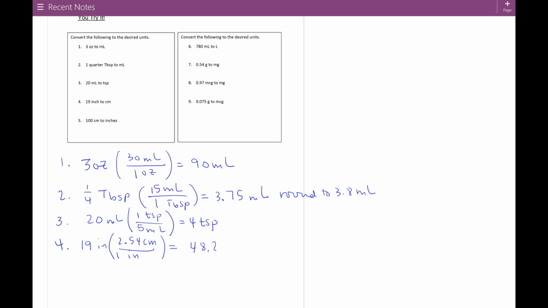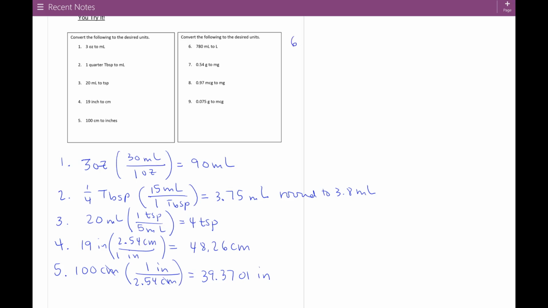So I get 48.26 centimeters, and this would have to be rounded as instructed because it's not in our list of rounding rules. And then 100 centimeters and 2.54 centimeters in each inch. So the centimeters will cancel and give me 39.3701 inches, and you would have to round as instructed in that problem.